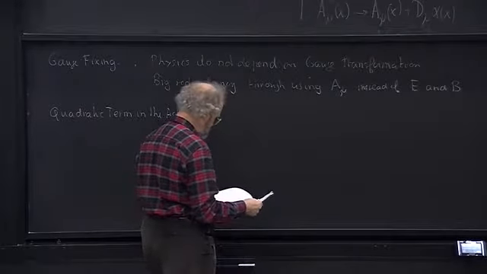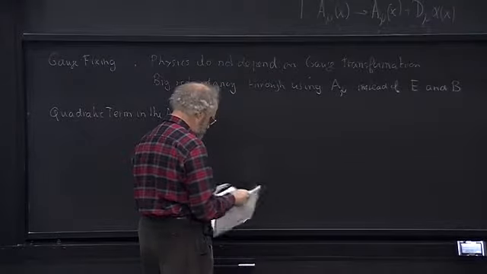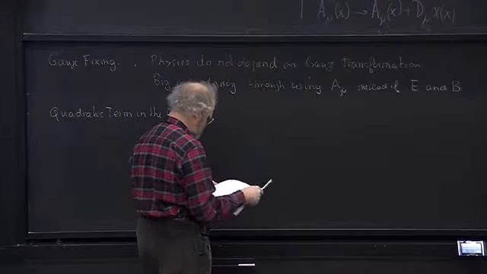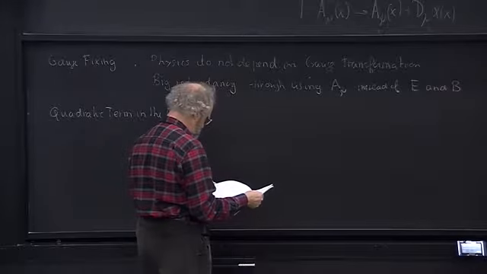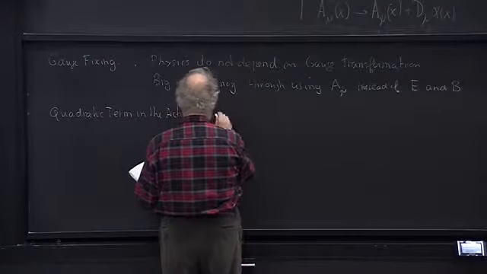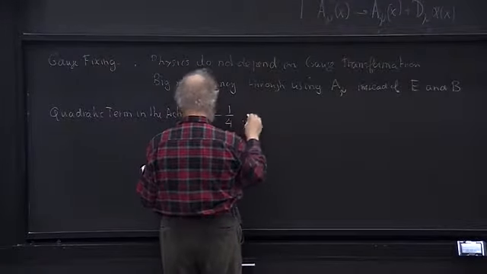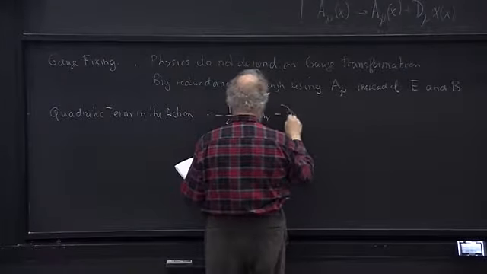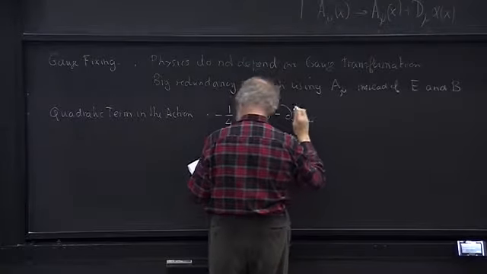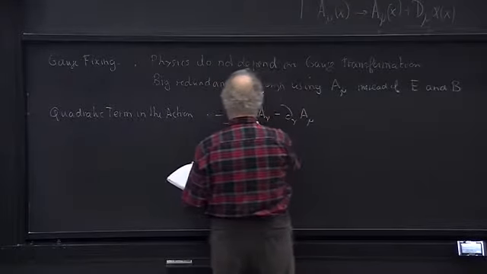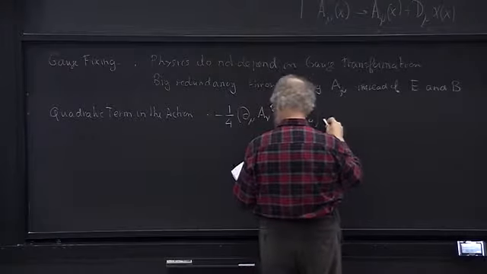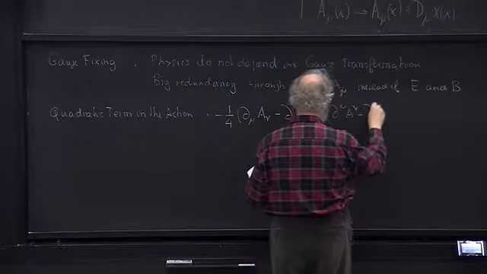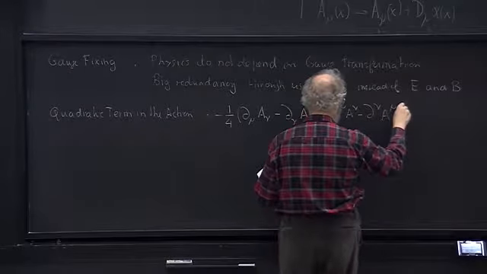It's simply minus 1/4 of (d mu A nu minus d nu A mu) times (d mu A nu minus d nu A mu).